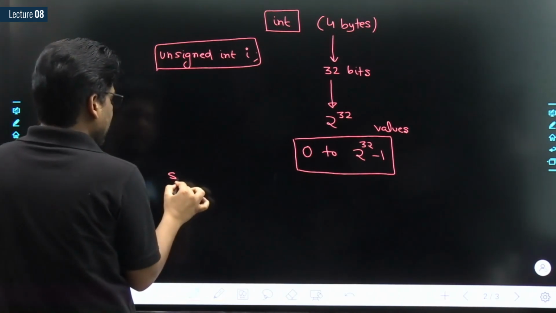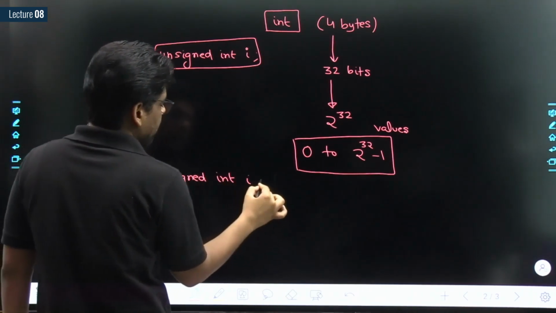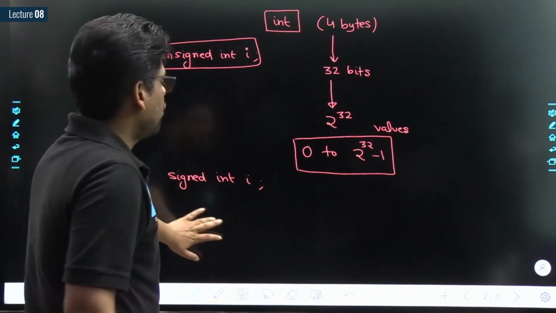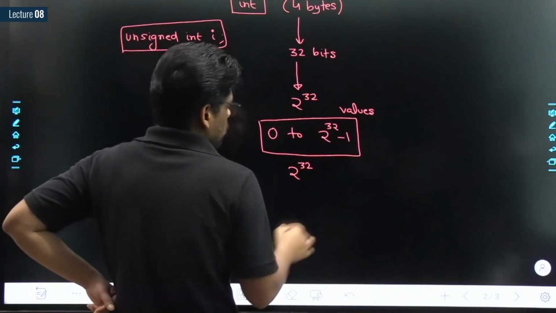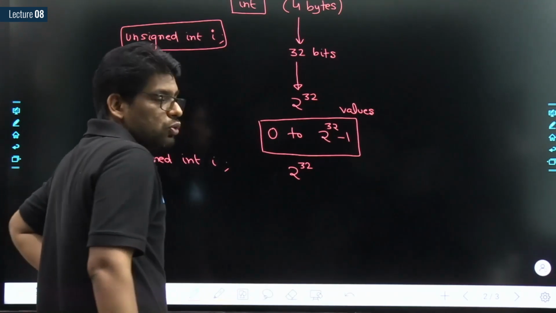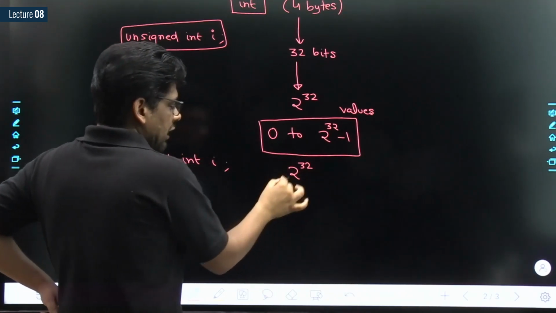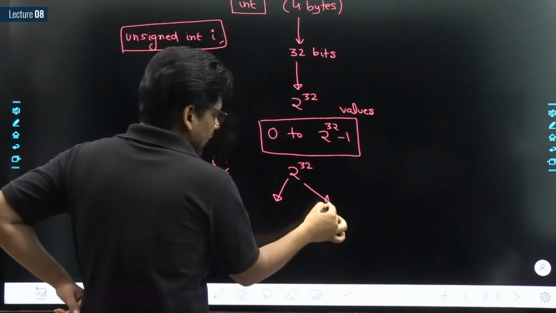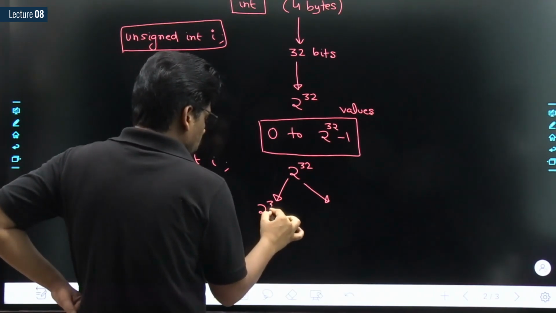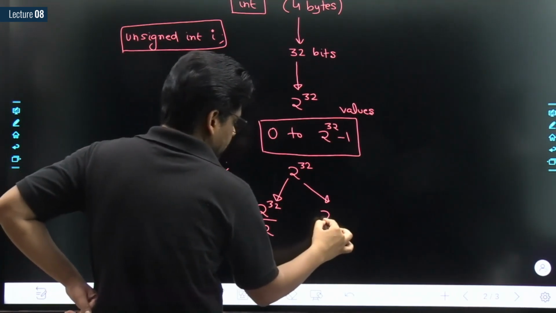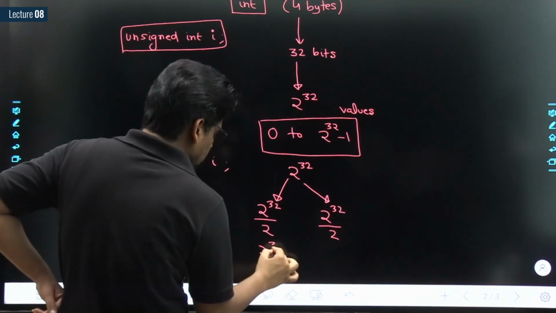But on the other hand, if I ask you what is the range of signed int i for the same 4 bytes, then what is the total number of possible outcomes? Sir, 2 to the power 32. I need to divide all these possible values equally into positive and negative. That means first I will halve this number, which is 2 to the power 31.